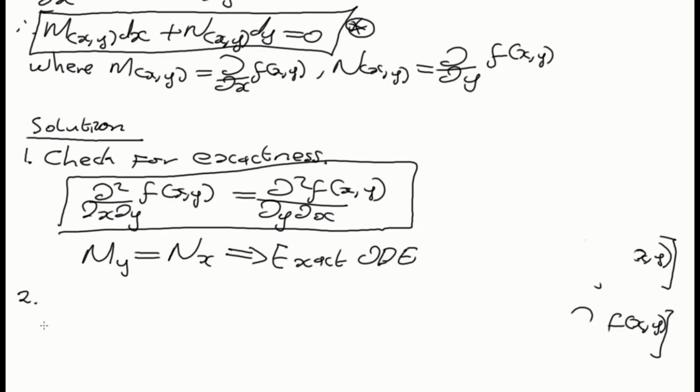What do you do next? It therefore means you must obviously get the function f of xy, right? There's two ways that you can get to this function. Both ways involve integration.